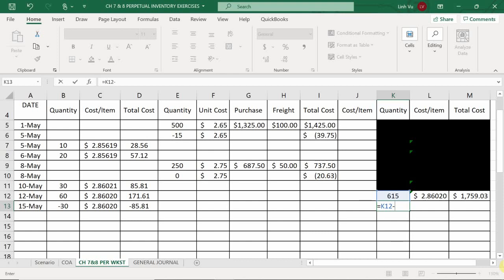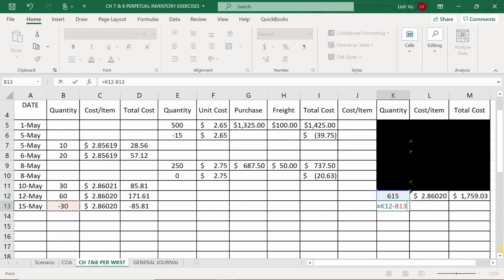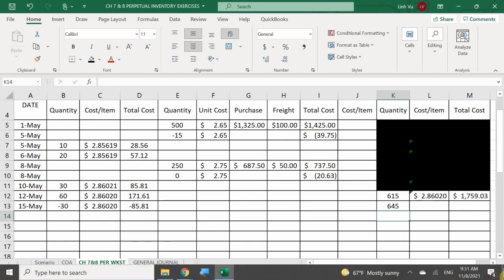The way that I have it in my cell, if I add a negative number, it's going to subtract it. That's why I have to do minus a negative number. Yes. So in this case, I'm adding back my inventory, so I should have 645 items now. Okay, because I'm doing a refund, I'm putting the products back into my inventory.